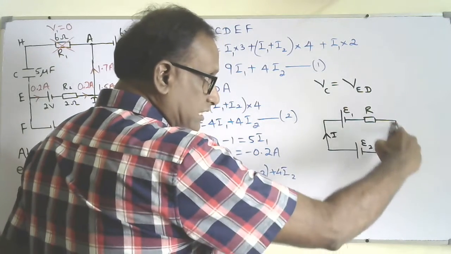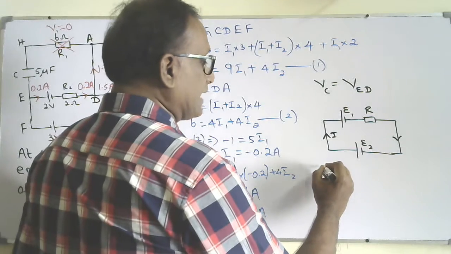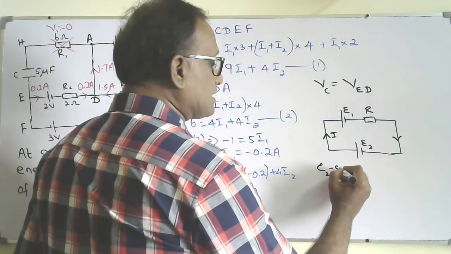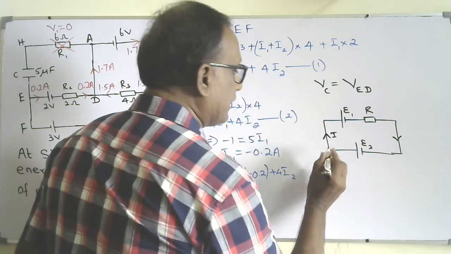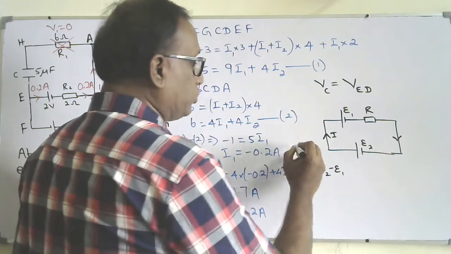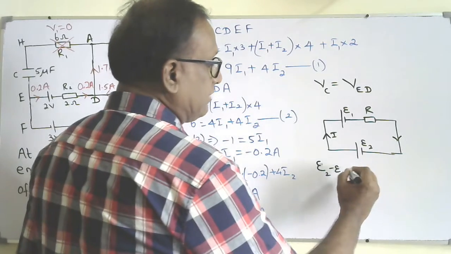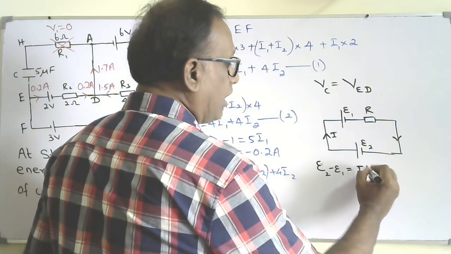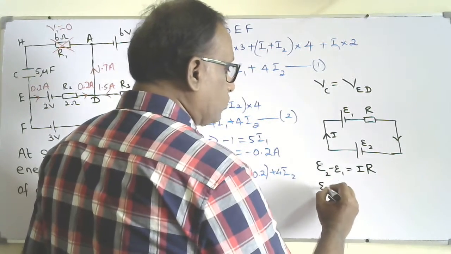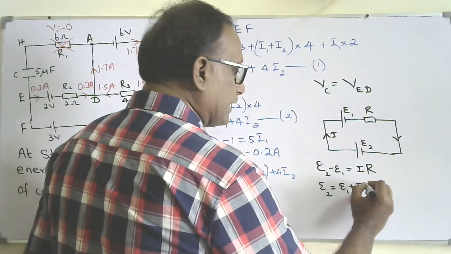If I use Kirchhoff's second law for this closed circuit, considering E2 greater than E1, the total EMF will be E2 minus E1 is equal to IR. So E2 is equal to E1 plus IR.